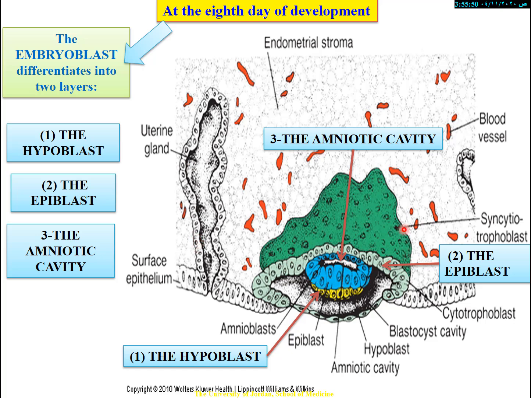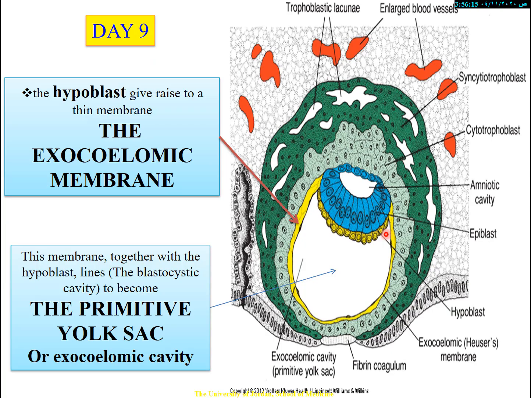The embryo is much smaller than even a gland inside this wall, and the blastocyst has differentiated its embryoblast into epiblast and hypoblast. The trophoblast has differentiated into cytotrophoblast and syncytiotrophoblastic cells.